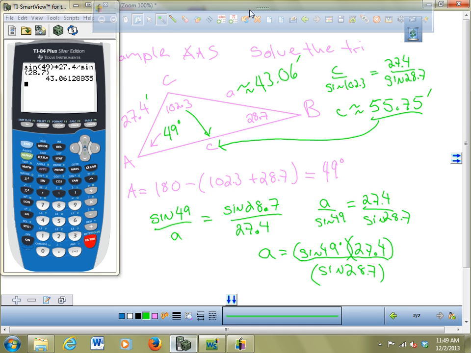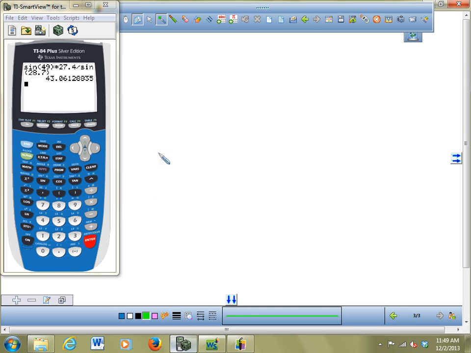Okay, so let's do one where you have an angle, side, angle, which is another case for the law of sines. And so this one is kind of a word problem, and I'm going to write it for you up here. So let me see if I can get my typewriter to work.